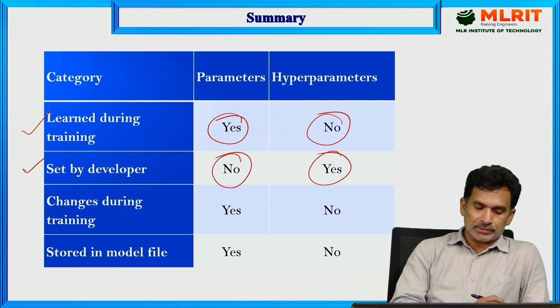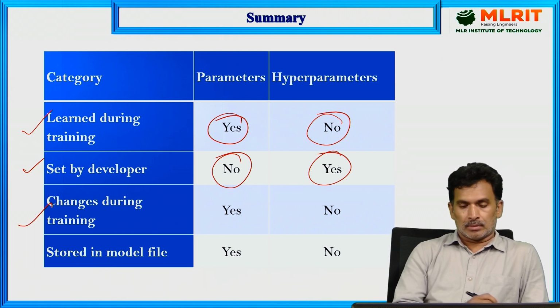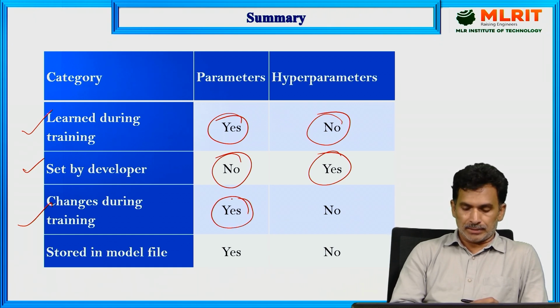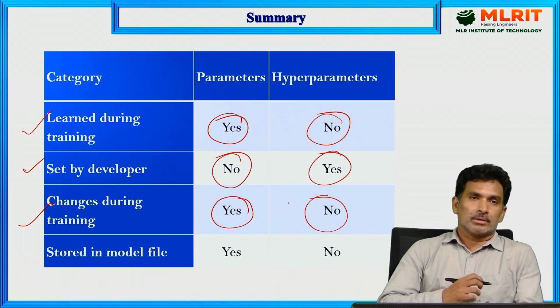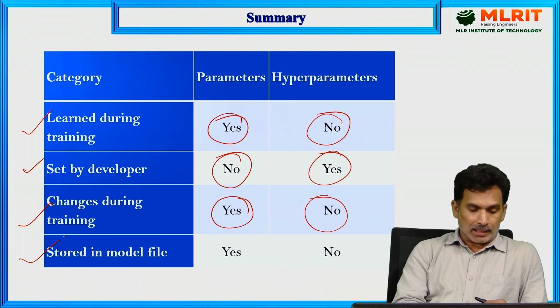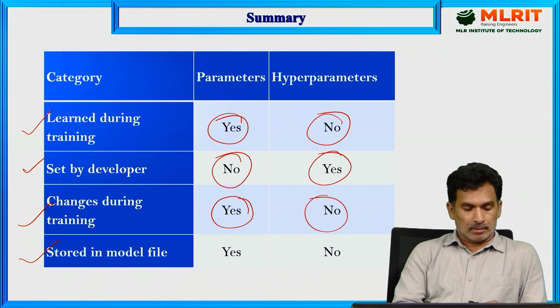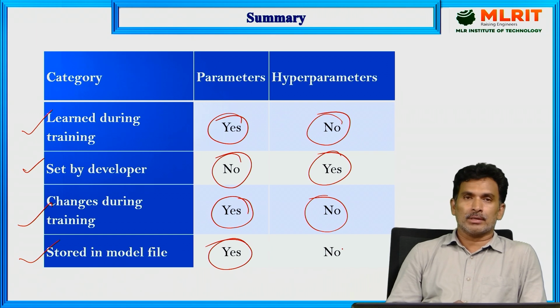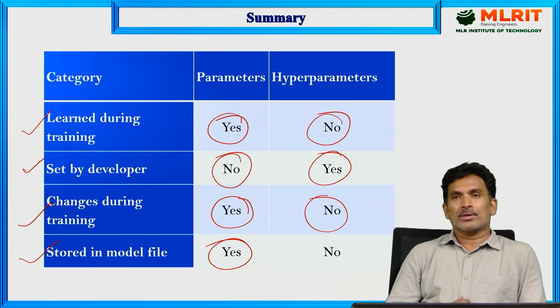Changes during training: parameters can change during training, whereas hyperparameters cannot be changed during training. Next, stored in file: parameters are stored in a model file, whereas hyperparameters are not stored in a model file. Thank you for watching this video.